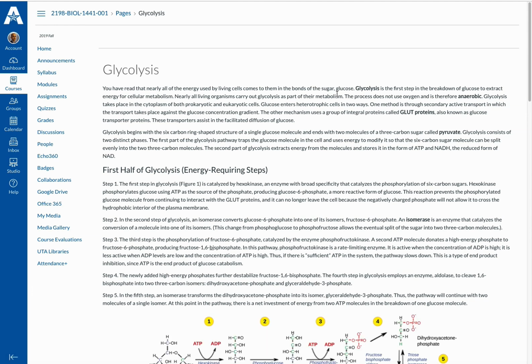So the first step in cellular respiration is glycolysis. Glycolysis occurs in the cytosol of the cell, and it does not use any oxygen, and we call that anaerobic. That means no oxygen required.